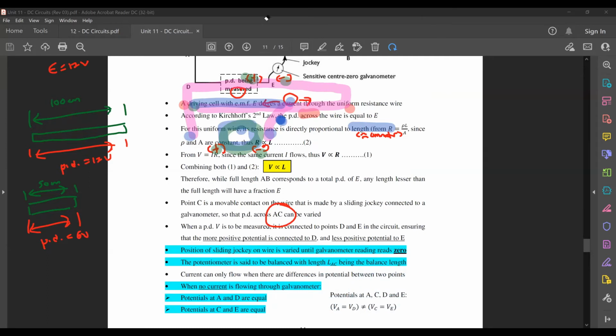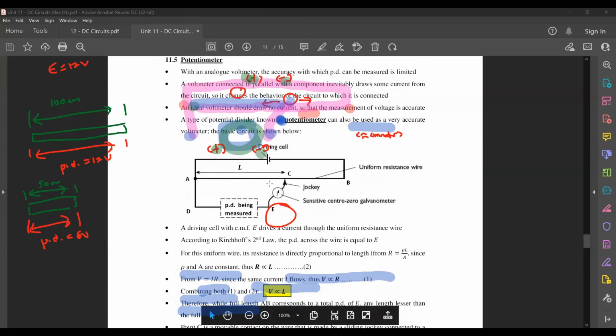Okay, from here you will get a few things. In the previous chapter, I mentioned that current can only flow when there are differences in potential between 2 points. So when there's no current flowing through the galvanometer right now, it means that potentials at A and D are equal, potentials at C and E are equal.